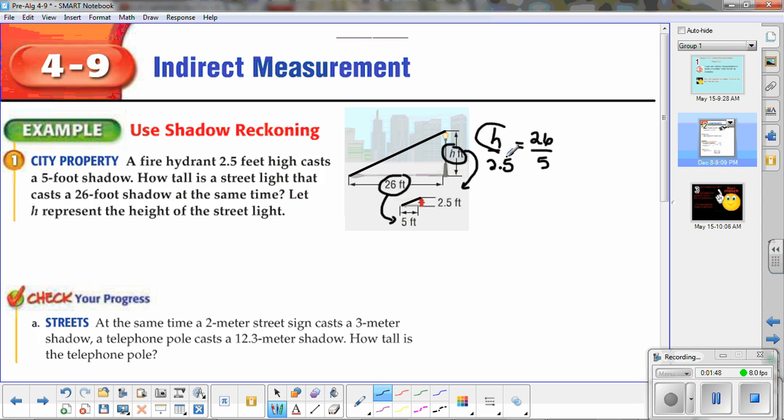So I'm going to go ahead and show you how to use the cross products. You get 5H equals 26 times 2.5. 26 times 2.5 is going to be 65. And then divide both sides by 5. And you get H equals 13, or 13 feet is the height of the light post.